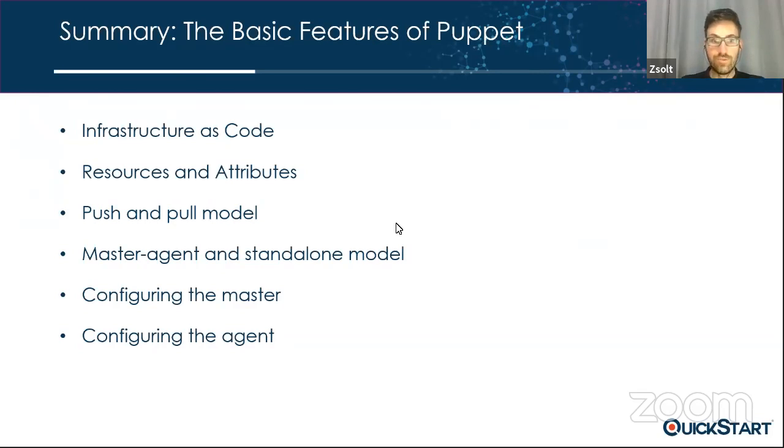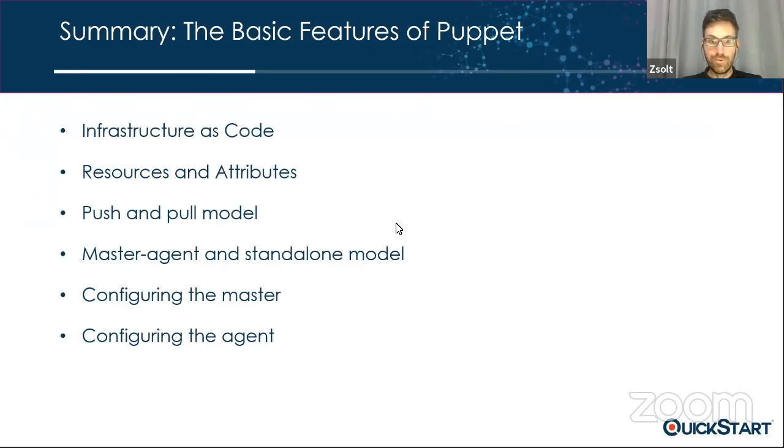So in this second lesson out of 4, we discussed what infrastructure as code is. Without seeing an example, it's relatively complex to imagine, but you will see the examples quite soon. It's literally source code that describes the configuration updates. The resources, as we know now, are anything that we can configure, and these resources have attributes.